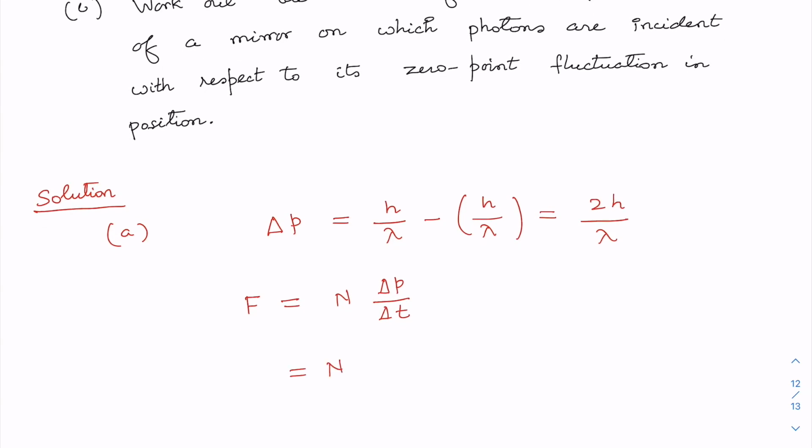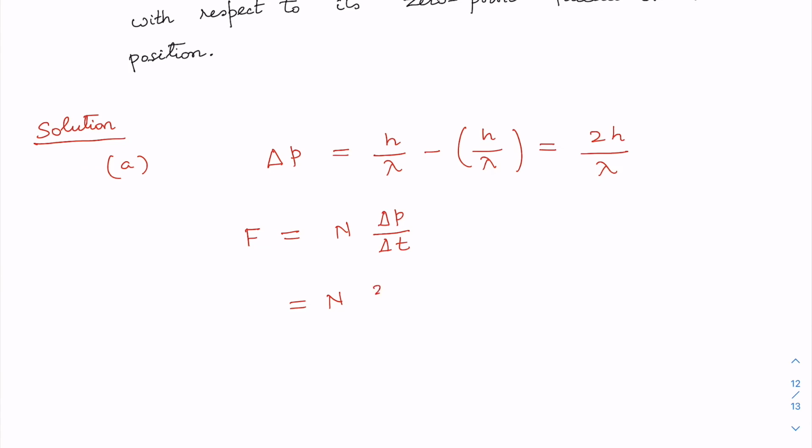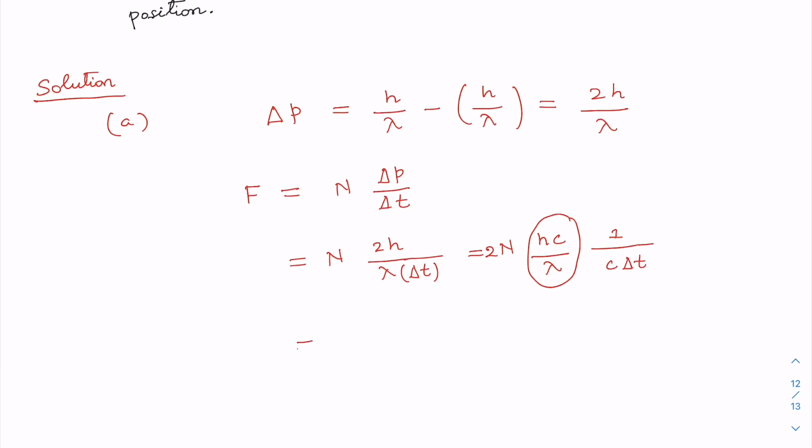Now we have n delta p, we already know, that is 2h by lambda into delta t, this I can write as n into 2 into hc by lambda, and because I have multiplied c up, I will have to put here also c delta t. This hc by lambda is the energy of a single photon, so the total energy would be n into hc by lambda for the whole bunch of photons.